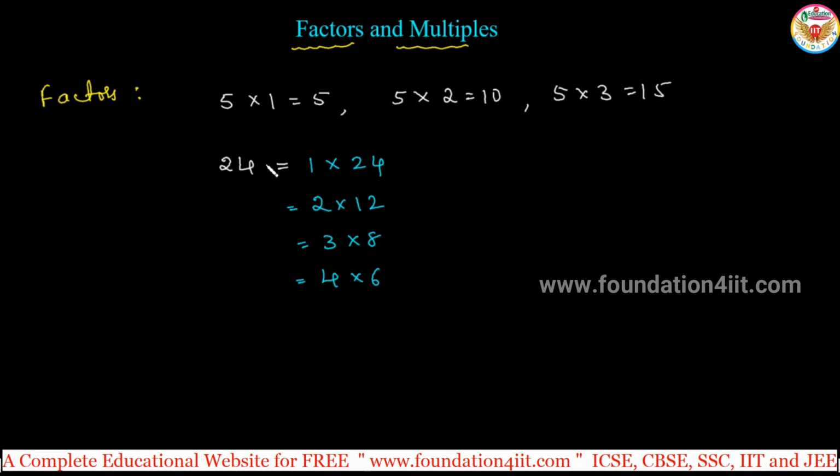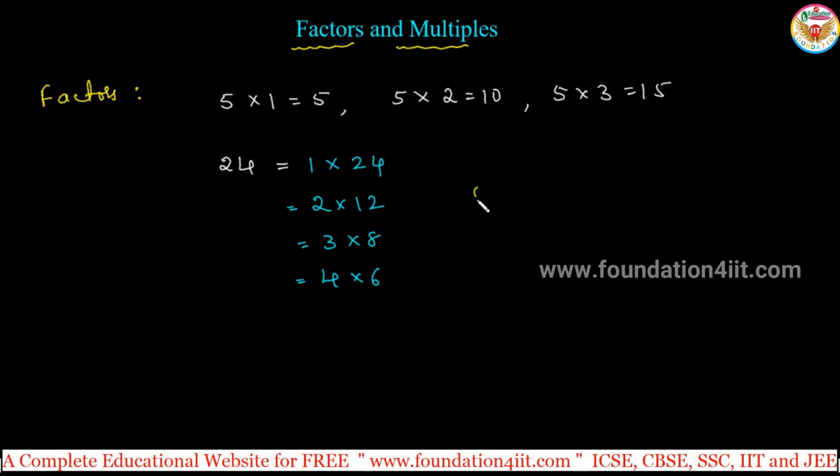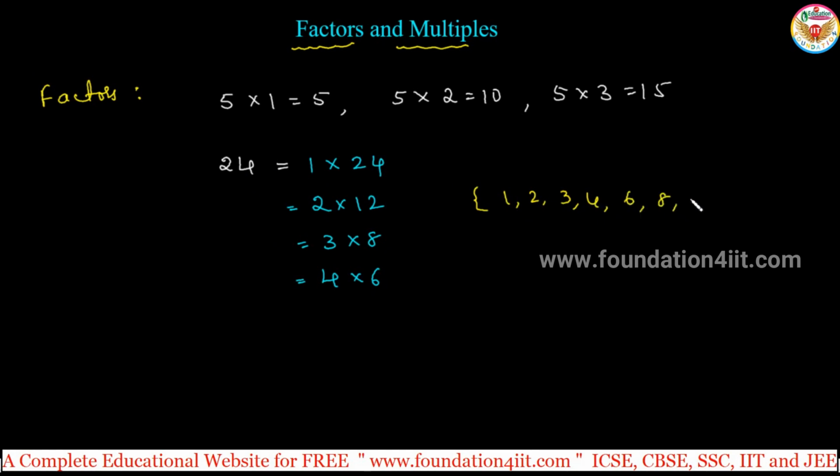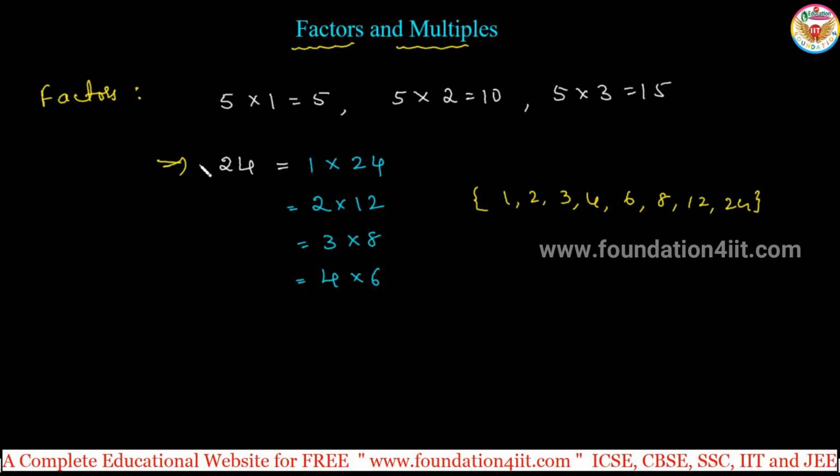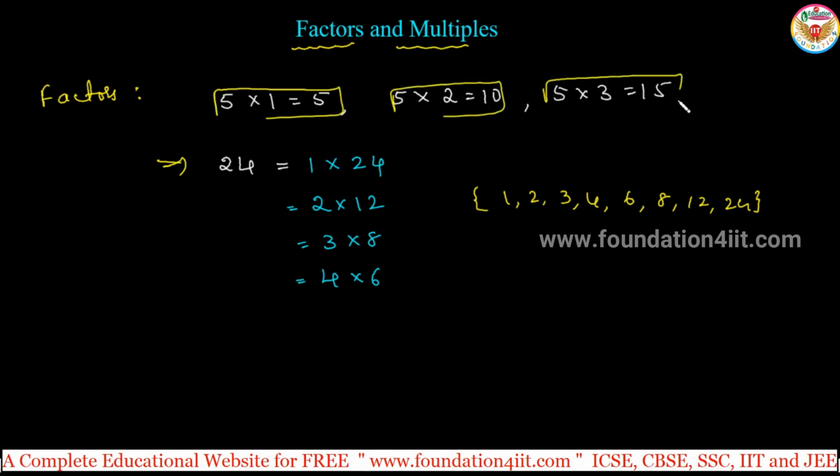That means factors of 24 are 1, 2, 3, 4, 6, 8, 12, 24. So this is one set: 1, 2, 3, 4, 6, 8, 12 and 24. These are the factors of 24. So table-wise, we can make the factors for any number.